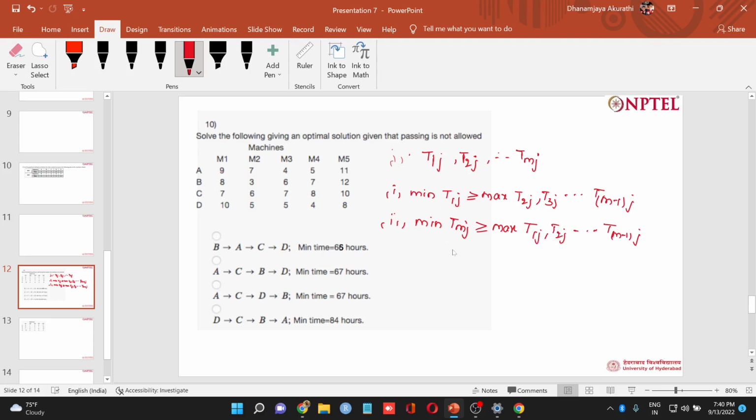If either of these conditions, not necessarily both, is satisfied, then we can convert the m missions problem into the two missions case. Suppose G and H are the two missions: G sums up T1J, T2J up to Tm minus 1 J, and H sums from T2J to TMJ.